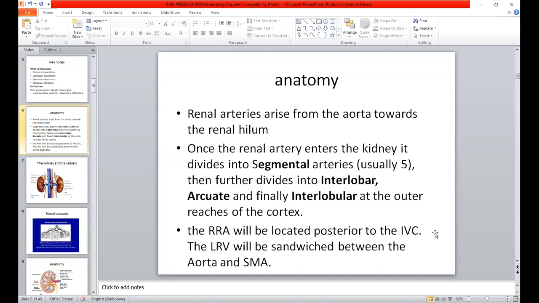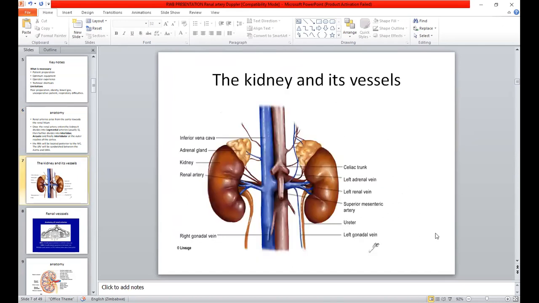So the right renal artery, this is usually what is important. I will show you on the next image, but you have to know that the right renal artery is posterior to the IVC, and the left renal artery is sandwiched between the aorta and the superior mesenteric artery. Right. From that image, I want you to memorize a few basic things. I think you can see that the renal vessels are anterior to the renal arteries.